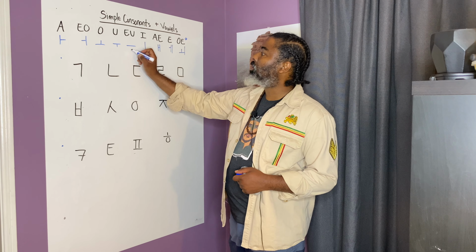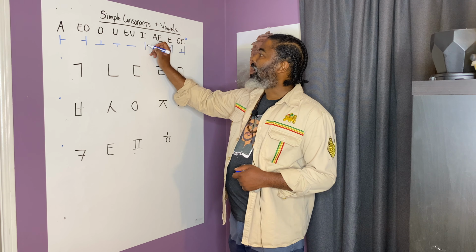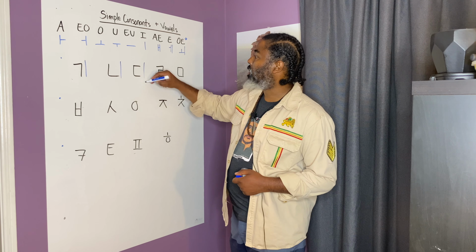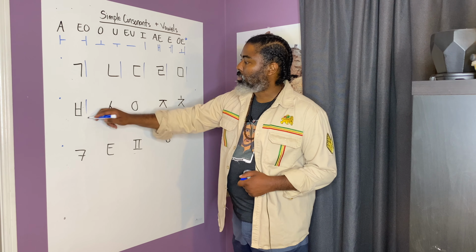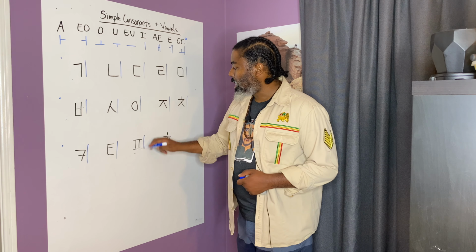The EU was a horizontal line on the bottom. I is a straight line, a vertical line, written straight down. Remember, it's pronounced E, like the letter E, but it's the letter I.